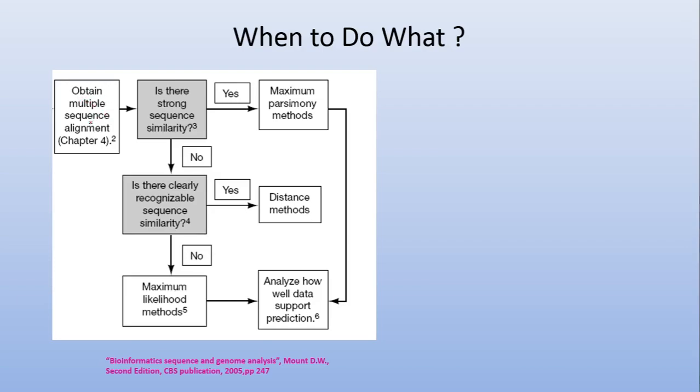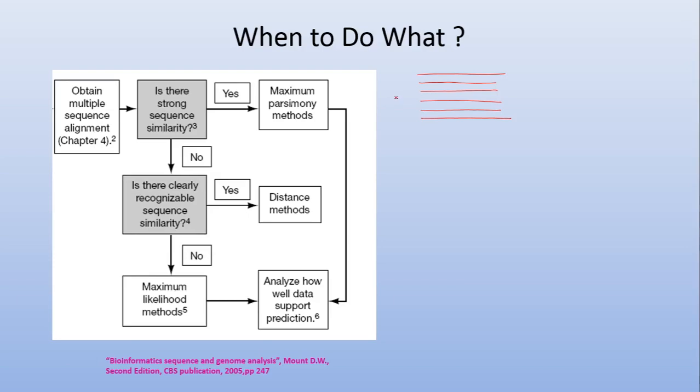Once you have your multiple sequence alignment, based on the data that is present in it, you need to make a decision as to what type of tree reconstruction method needs to be implemented for drawing the tree.